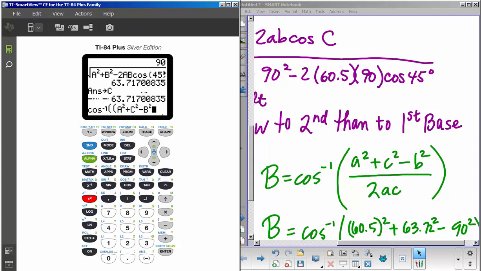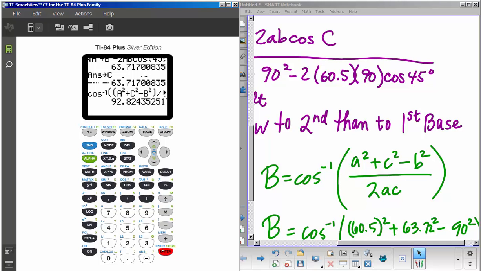Close parentheses, divided by, open parentheses, 2 times alpha A alpha C. You don't even need the times, you can just do it like that. You have to do two parentheses, right? I got to do one more. Enter. Yeah, I got 92.8.